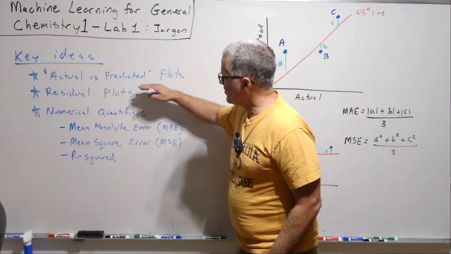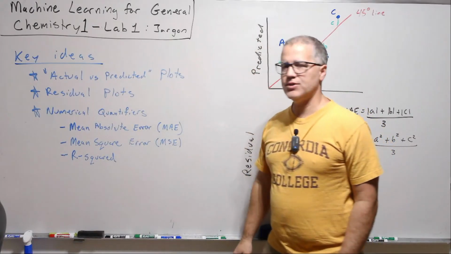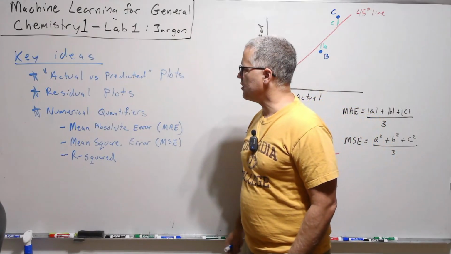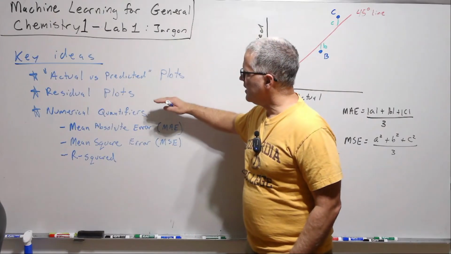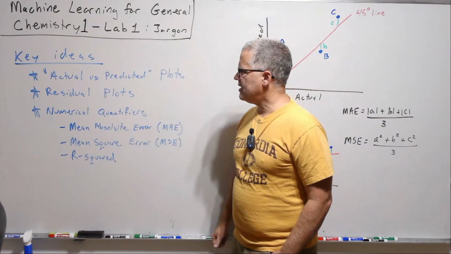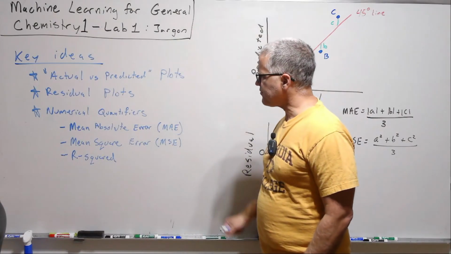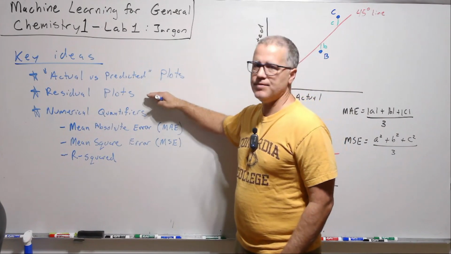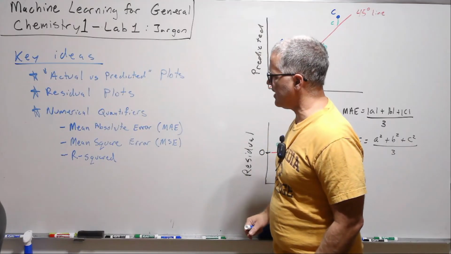Now we're going to look specifically at actual versus predicted plots, and we'll be using this throughout the whole sequence for the machine learning course, and then some residual plots, which are a really important thing to get a handle on, and could be new to you here, so we'll talk about that.